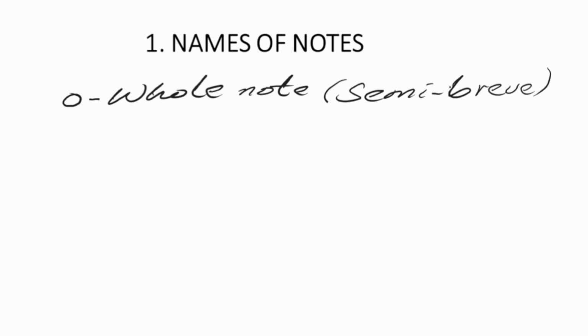One thing to remember is that notes can either be named the American way. This is the American way of naming notes. And this is the British way of naming notes.